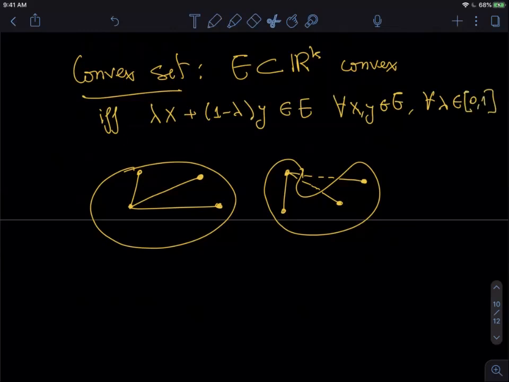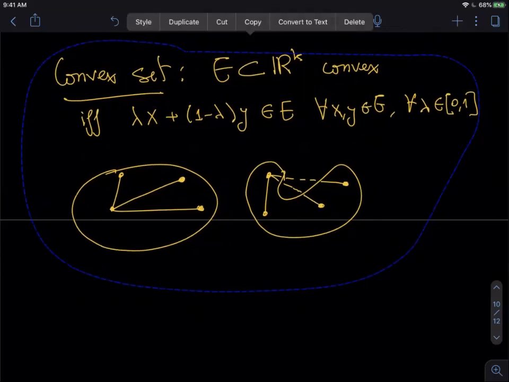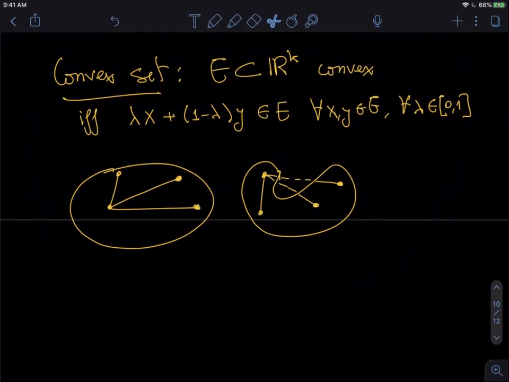You can put 0, 1 in the open interval or the closed interval, because when lambda is 0, this linear combination gives you y, which is in the set E. If you put lambda equal 1, then you get x, which is also in the segment that connects the 2 points.